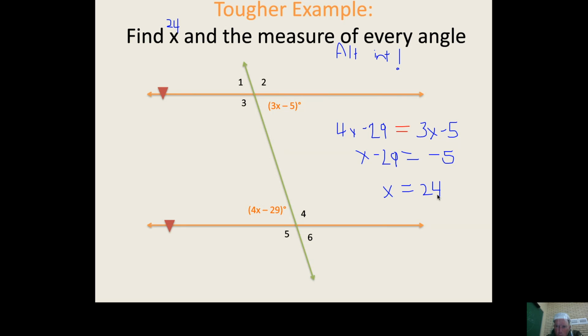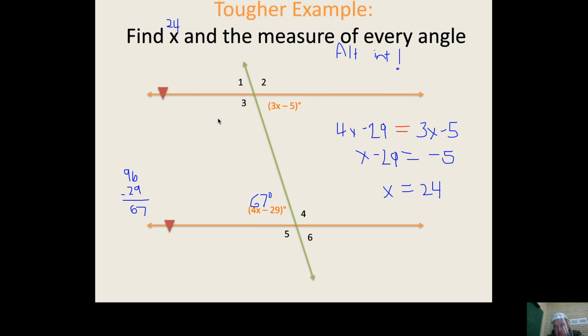So we're going to take 4 times 24, which would be 96. And then you're going to take away 29. That'll give you 67 degrees. Now, this angle up here better be 67 degrees as well.